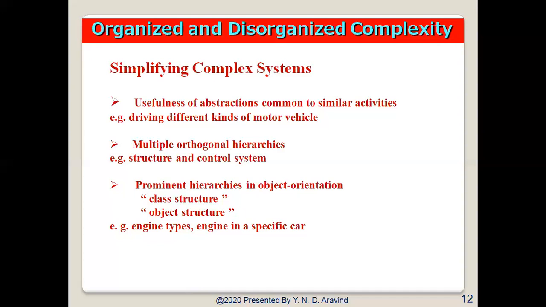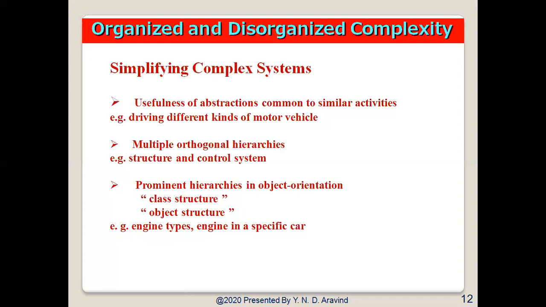Coming to the functions of the car, the car can move forward, backward, or it can take a turn. And coming to the control structure of the car, it can be manually operated, mechanically operated or electrically operated. So these are the different orthogonal hierarchies based on which we can structure and control the system.